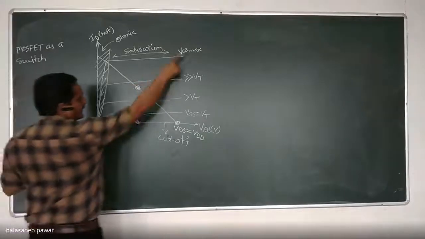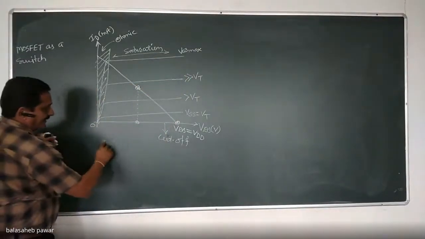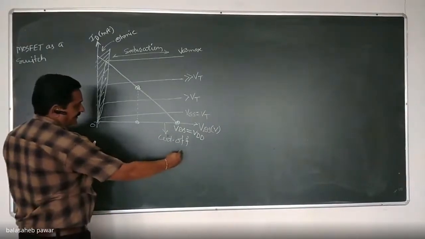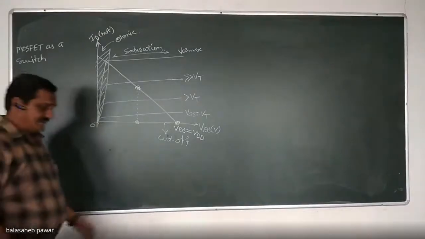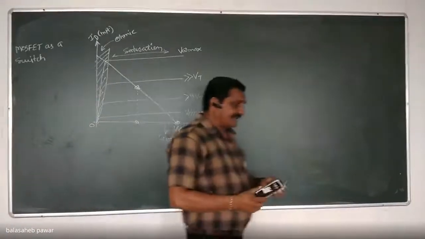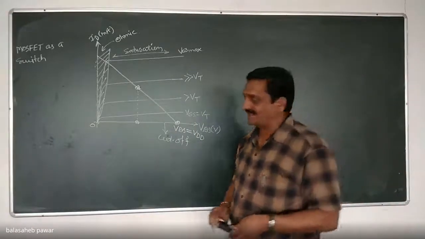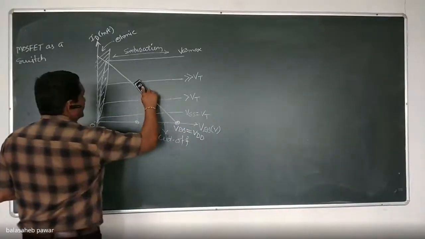Whenever we apply a time varying input signal, the output voltage also varies like this, between 0 to VDD maximum, without any clipping. That means we can obtain the maximum output voltage, or voltage drop across that transistor, whenever it is operated in this saturation region, correct?